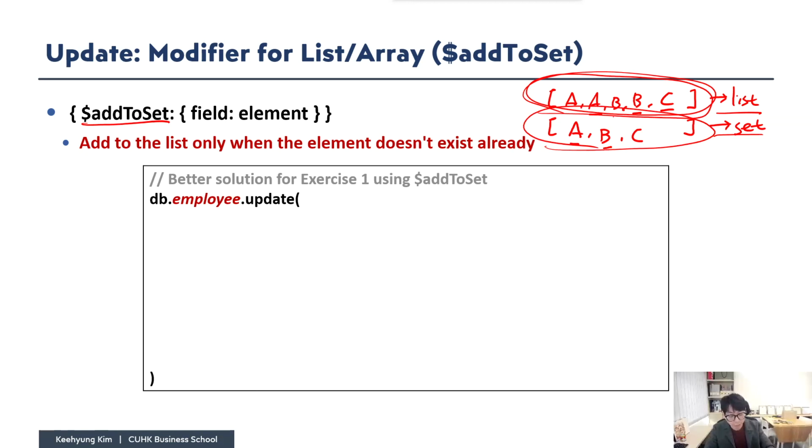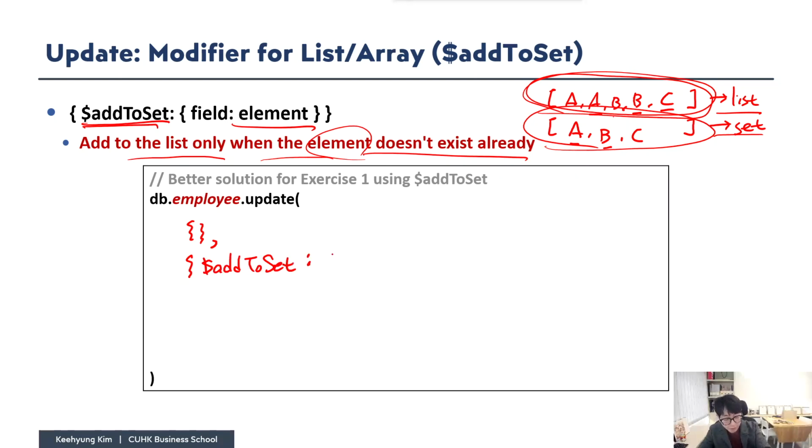So in MongoDB, we have this $addToSet operator. If you use that, it will add this element into the list only when the element doesn't already exist. So for exercise 1, we can actually use the $addToSet operator, and we can simply select all the documents, and for every document, we use the $addToSet operator, and in the visited field, we add Hong Kong.